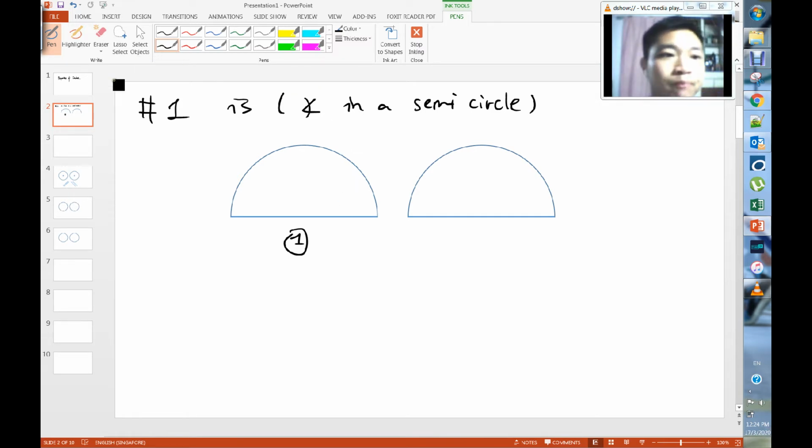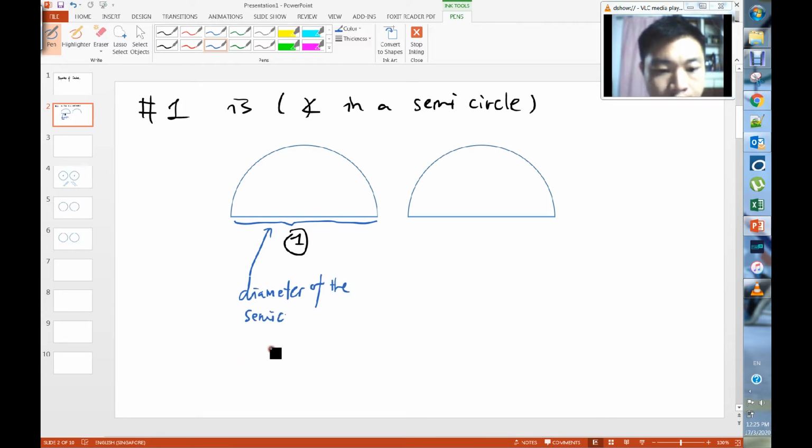If you have a semicircle, I hope you can identify that this is actually the diameter of the semicircle.